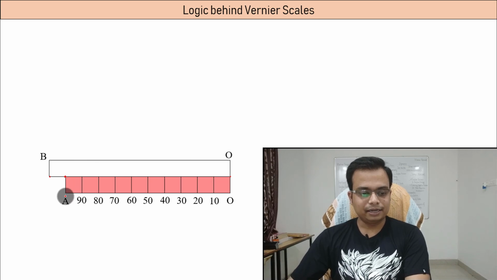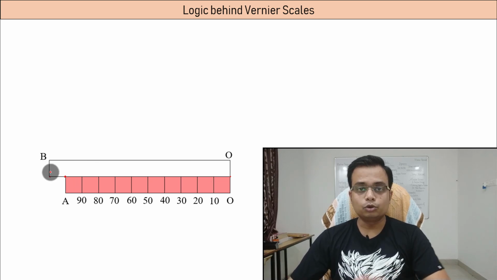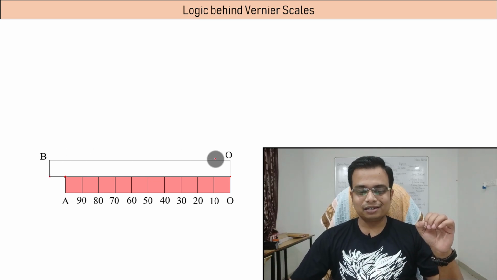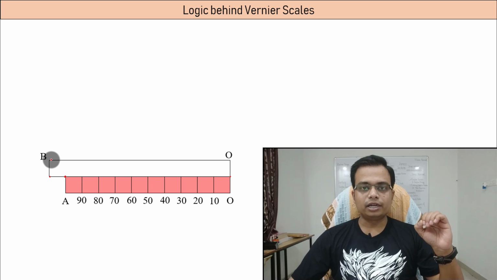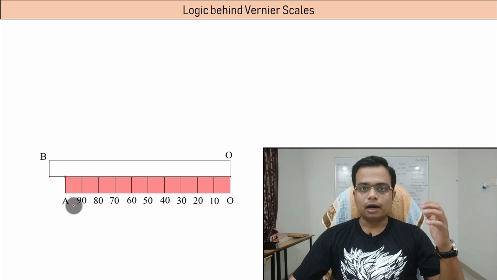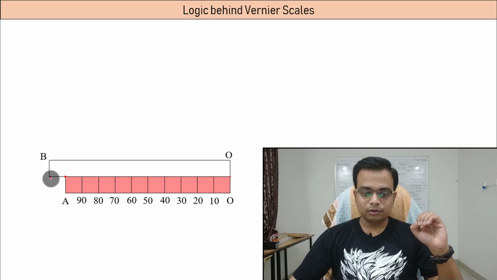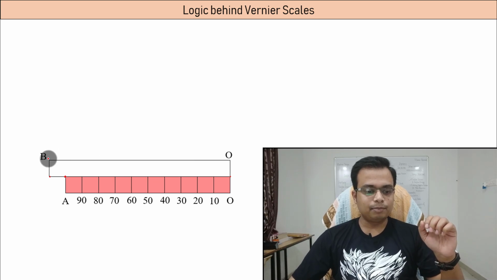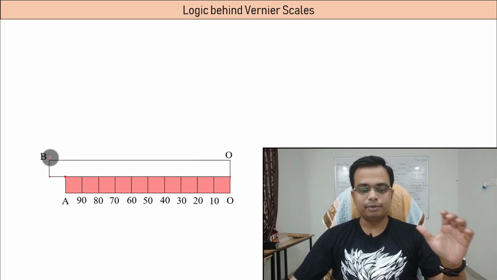This height is 10 millimeters, this height is also 10 millimeters, right? We are going to divide this OB portion into 10 equal parts. This OA portion was 100 millimeters long, and therefore this extension is 10 millimeters. So OB will be 100 plus 10, that is 110 millimeters.